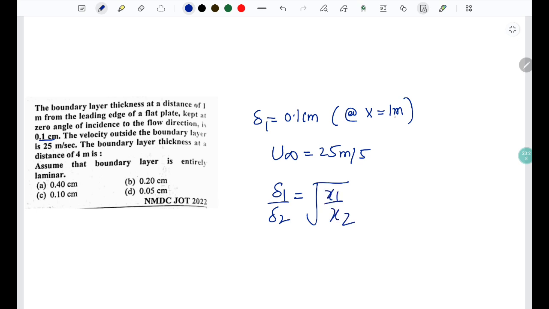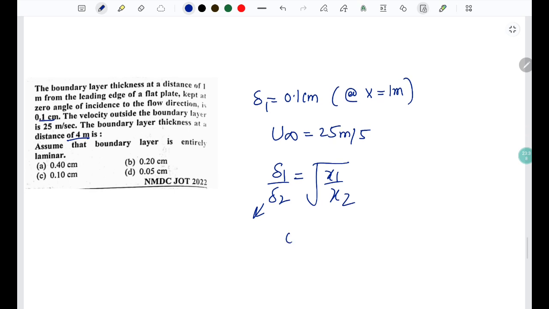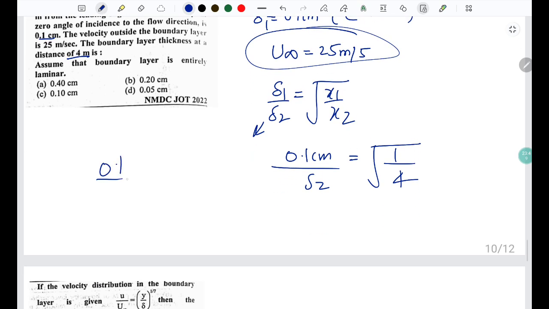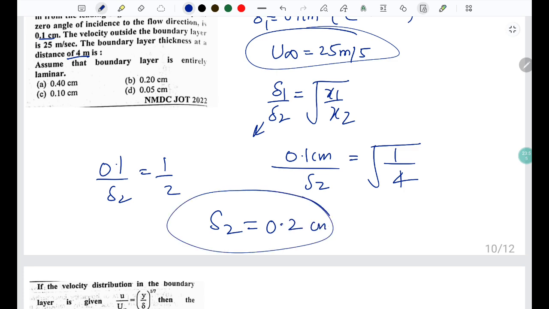We have delta 1 at x1 equals 1 meter, and they are asking us delta 2 at a distance of 4 meter. So 0.1 centimeter by delta 2 is root under 1 by 4. This was just to confuse us. So 0.1 by delta 2 is 1 by 2, delta 2 becomes nothing but 0.2 centimeters.